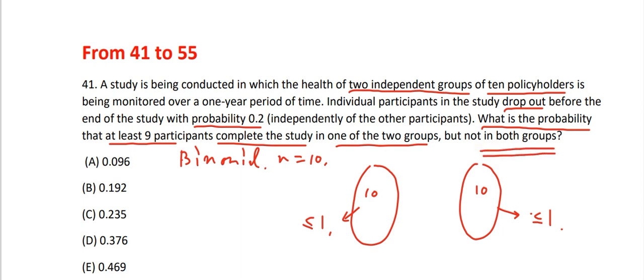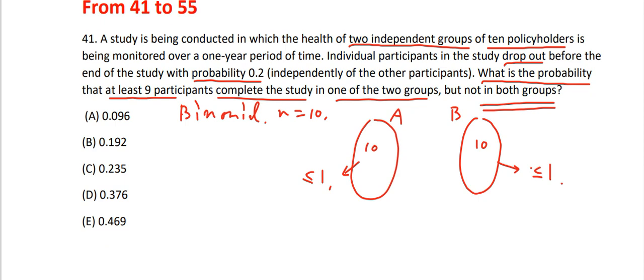Okay. So suppose we call them group A and group B. So for group A, this thing happens, but for B it does not happen. Let's say group A has drop less than 1, but B has drop larger than 1.